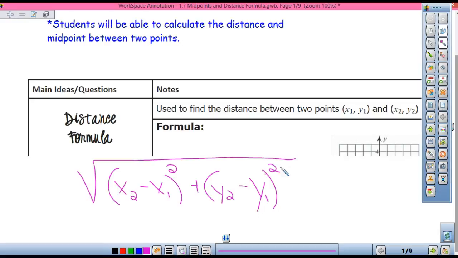You remember that points are written as x comma y. So if we have 2 points, the first point is x1, y1. The second point is x2, y2. Remember that from last year? I hope so, because we spent a lot of time on it last year.